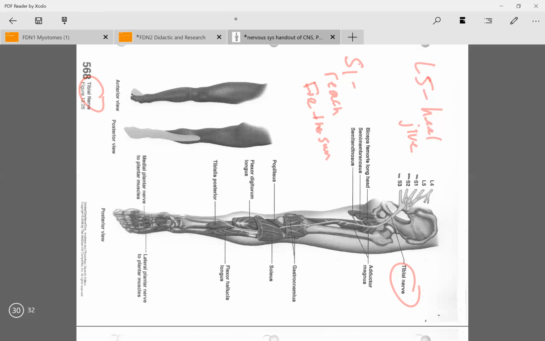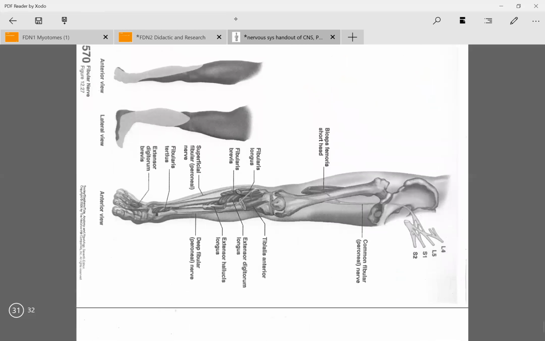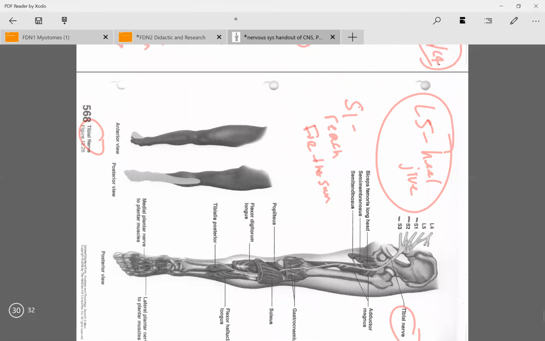What that means is to test the L5 muscle, which is the anterior tibialis muscle, because that's what lifts the foot up. Muscle testing, you do L5 heel jive. So have them walk on their heels, which means they have to lift their toes and foot up. That is dorsiflexion.